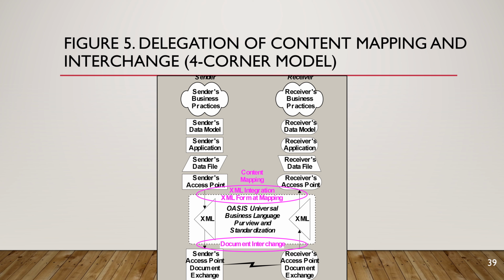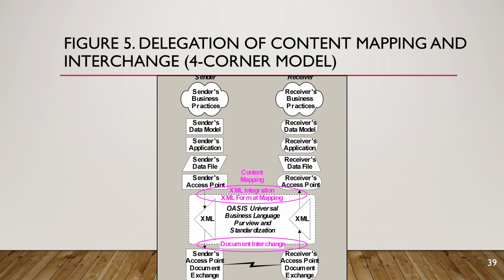And so I send and receive data on the sender's access point, just as if I was talking to one of my own internal systems. And it's up to that access point to do the translation of that sender's data format into a common generic interchange format. And that's what gets transmitted across the bottom as part of a document exchange.